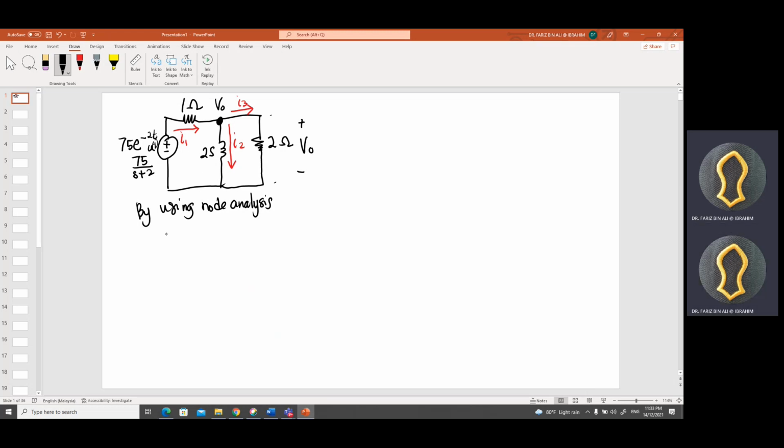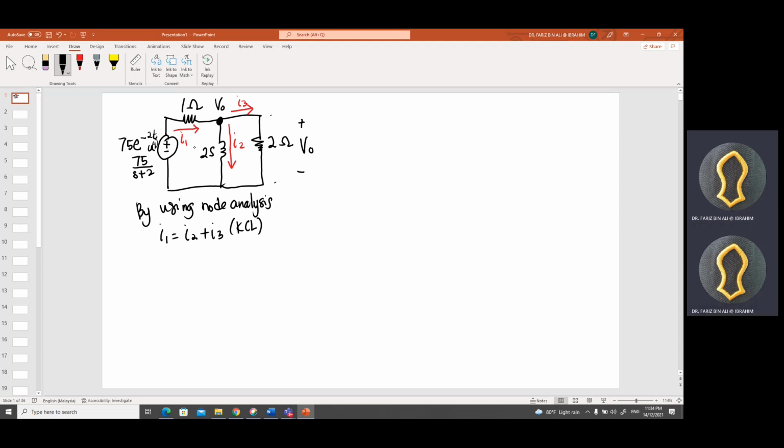Kirchhoff current law says the current in is equal to the current out, I2 plus I3. Everybody should already be familiar with KCL, Kirchhoff current law: current in equal to current out.